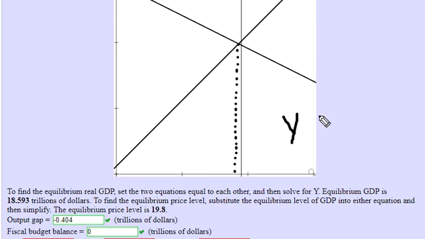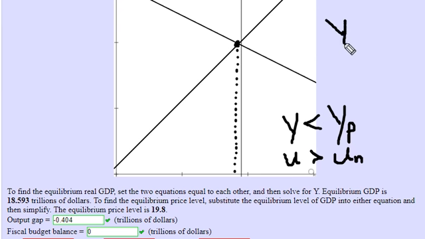GDP is less than potential, right? At the equilibrium, that means the unemployment rate is greater than the natural rate of unemployment. If GDP equals potential, then the unemployment rate should equal the natural rate.